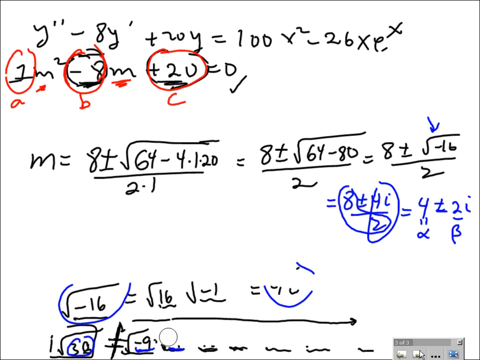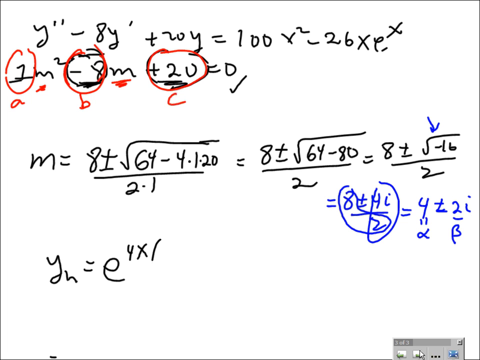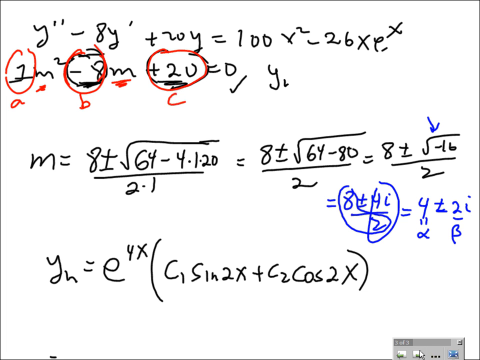So now I can write down the homogeneous solution. y homogeneous is e to the ax times c1 sine of bx plus c2 cosine of bx. That's the homogeneous solution. And again, this is review from last section.